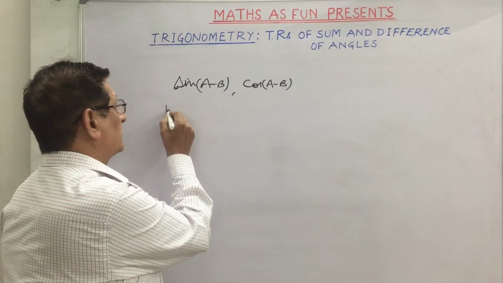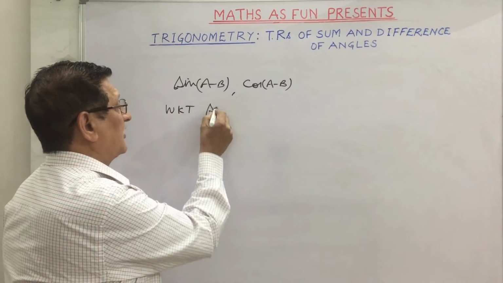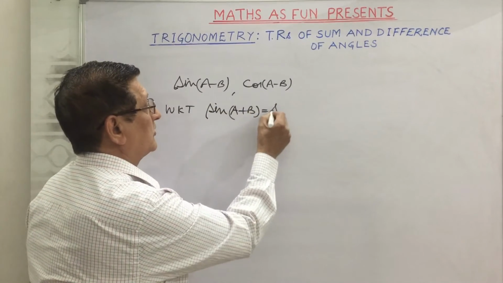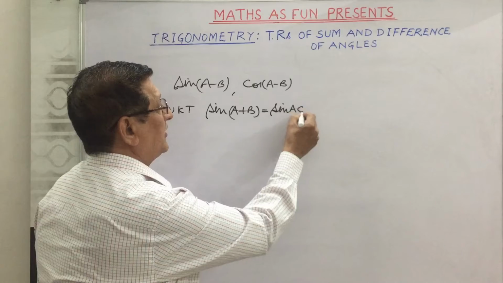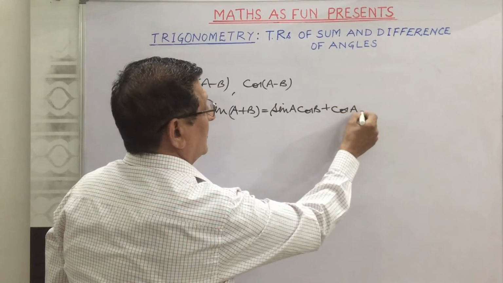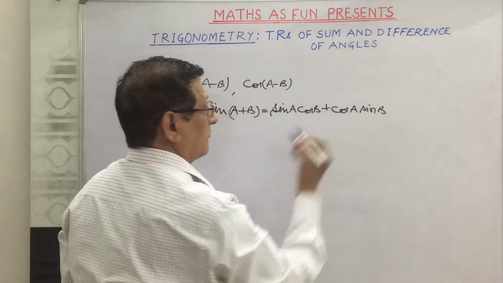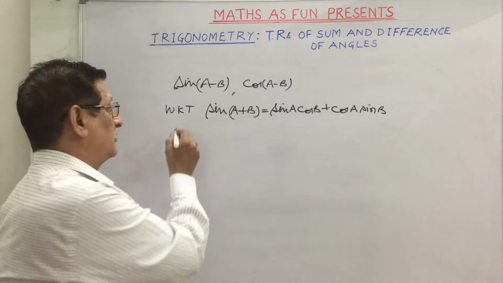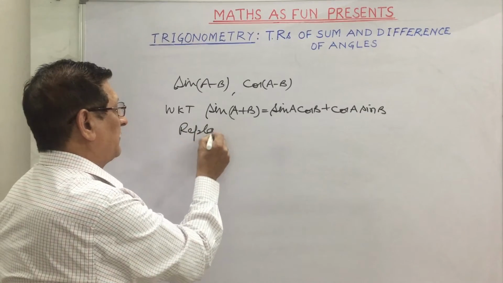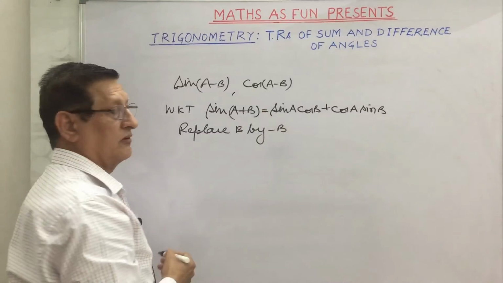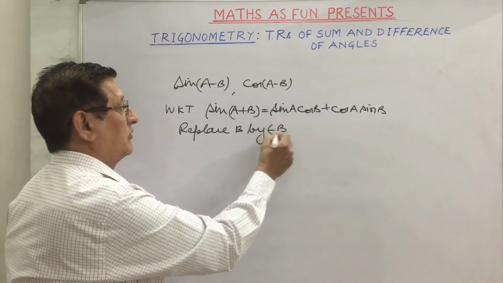We know that sine of A plus B is equal to sine A into cos B plus cos A into sine B. If we replace here B by minus B, what we find here?